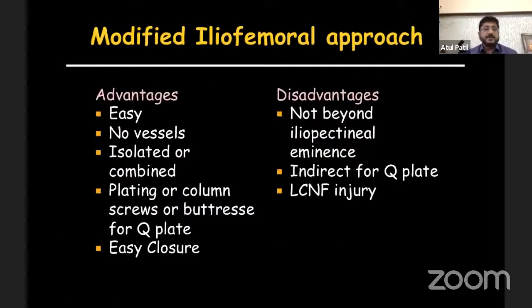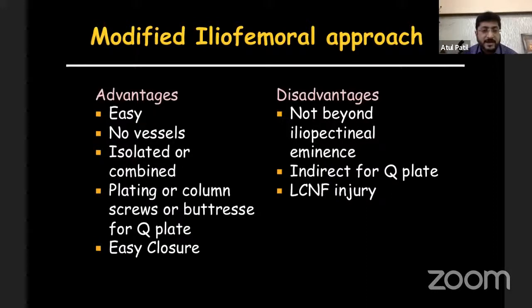So friends, the modified iliofemoral approach is very easy. It doesn't have any vessels to dissect. We have seen now 3 examples where it can be used in isolation or with the anterior Stoppa approach or posterior Kocher-Langenbeck approach. Plating or column screws or buttressing quadrilateral plate is very easily possible.